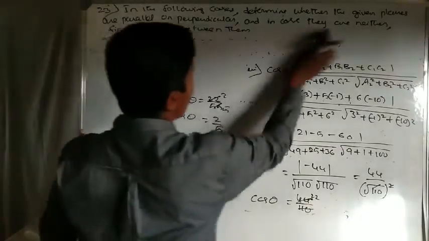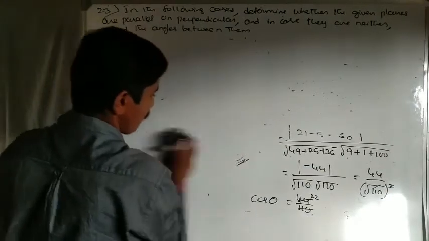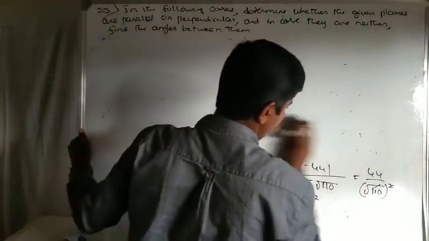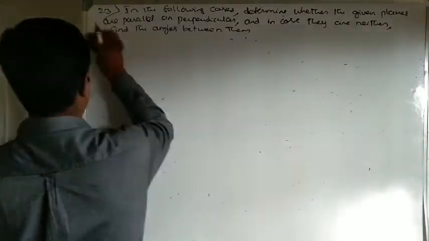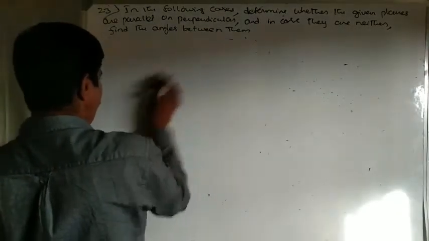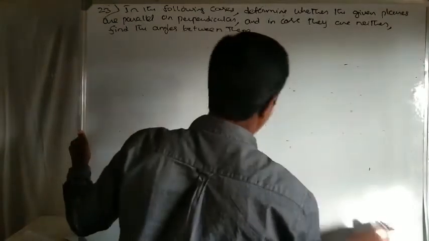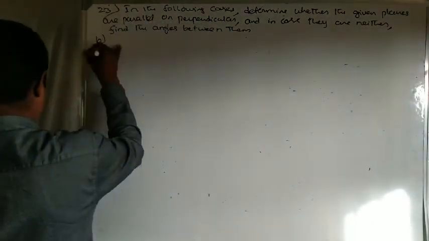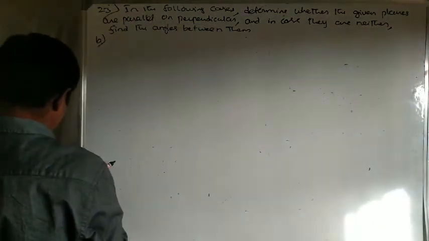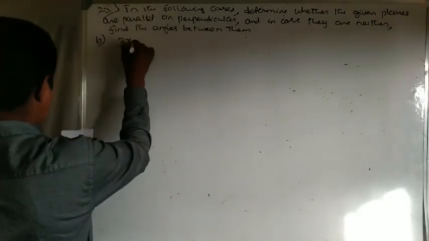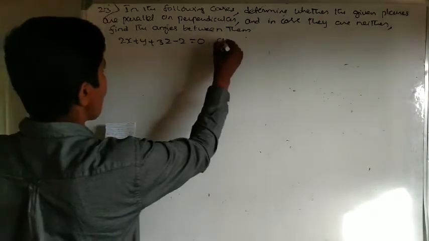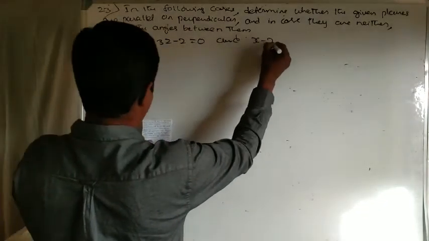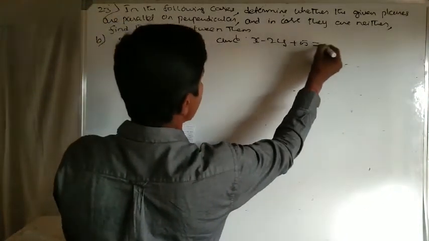Next, sub problem B: 2x plus y plus 3z minus 2 is equal to 0 and x minus 2y plus 5 is equal to 0.